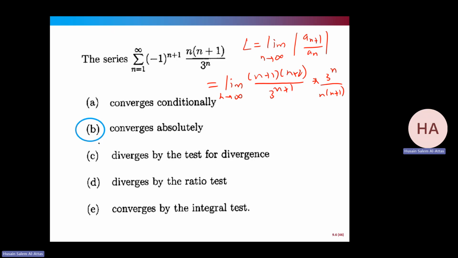That gives me the limit as n goes to infinity of n plus 2 over n times 1 over 3. And this limit is 1, so it will be 1 over 3, less than 1. So it converges absolutely.